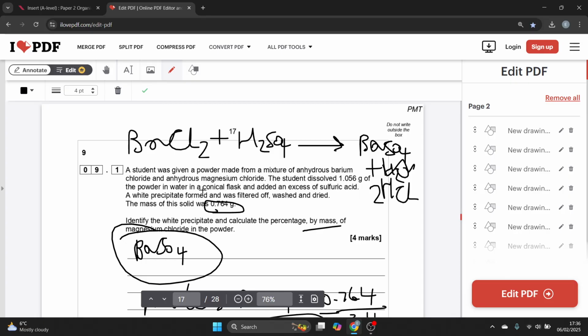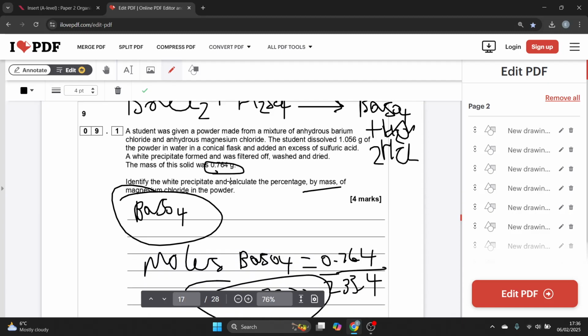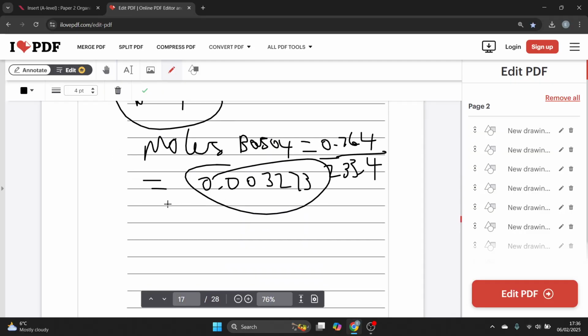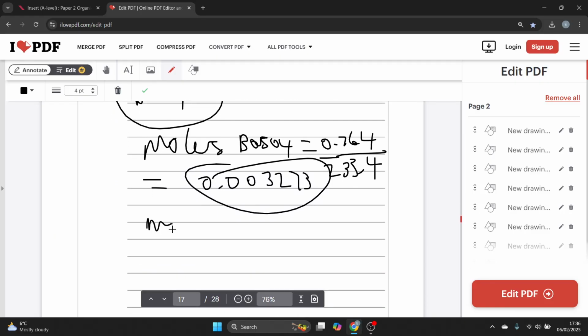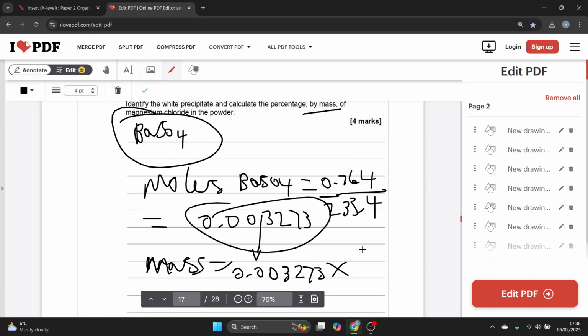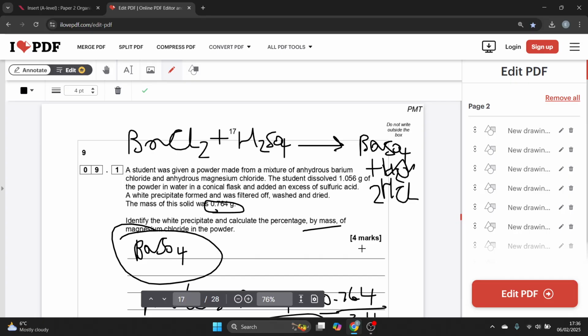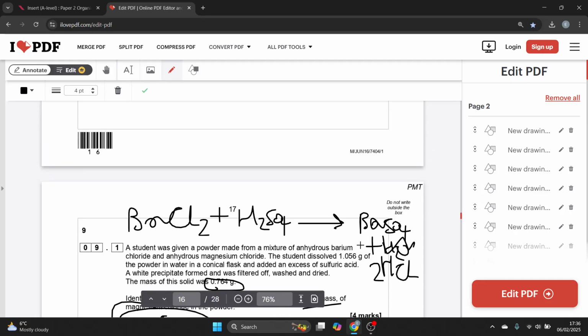Well, you should know that it's going to be a 1-to-1 mole ratio, because it's made from a mixture of this and this. So I worked out the moles of barium sulfate, 0.764 over the Mr. Then I've got the moles of barium chloride, and I want to work out the mass. Moles is mass over Mr, so mass is moles times the Mr of barium chloride.